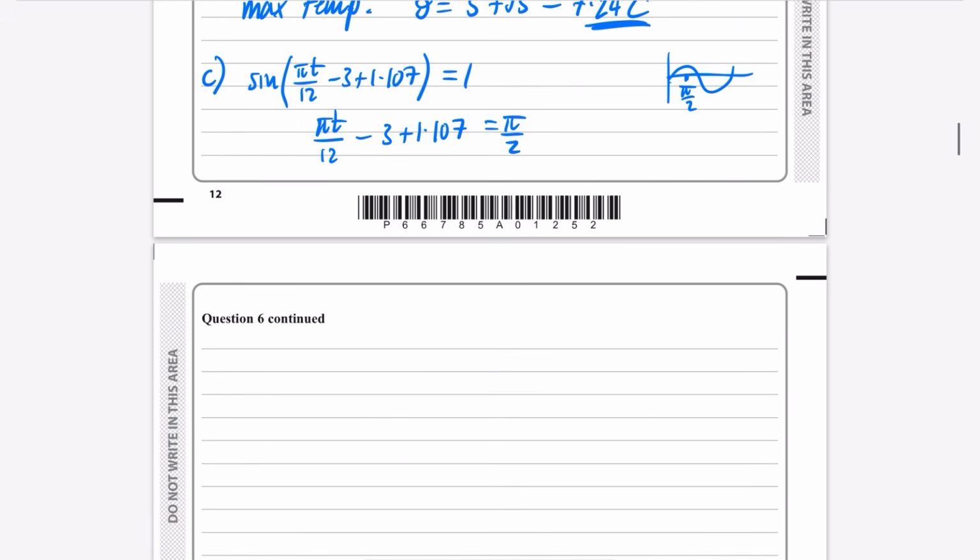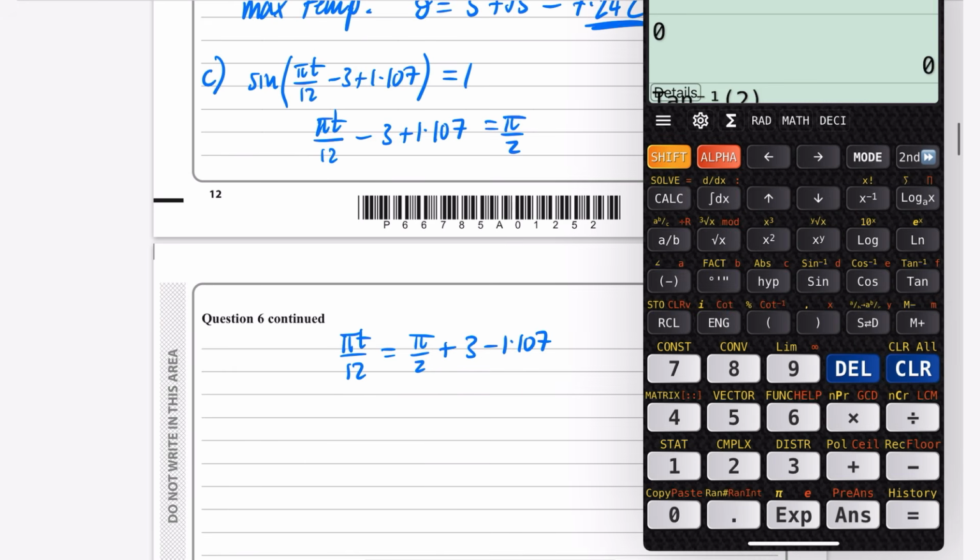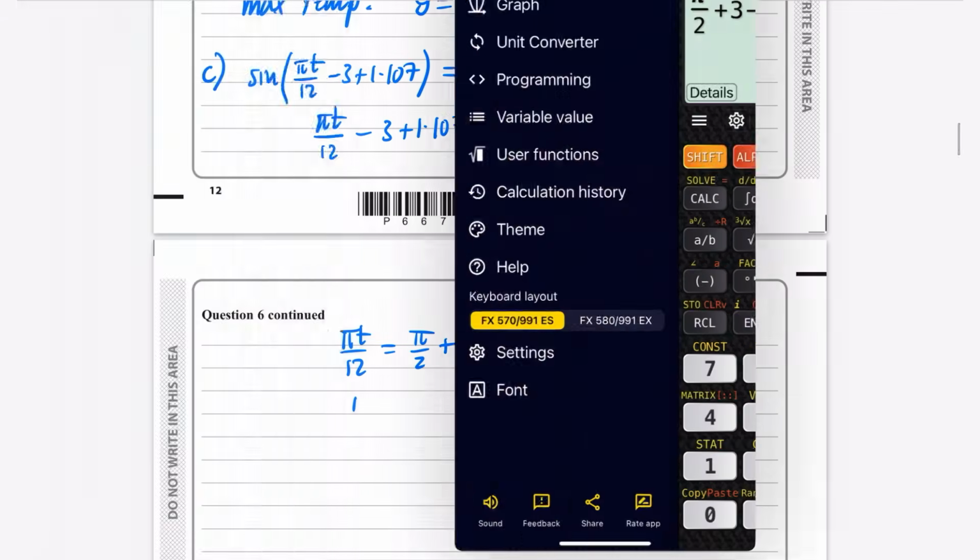Let's see if we can start solving this equation. So pi t over 12 is going to be equal to pi over 2 plus 3 minus 1.107. Let's put that all in the calculator. So I'm going to do pi over 2 plus 3 minus 1.107. So that's what pi t over 12 is.